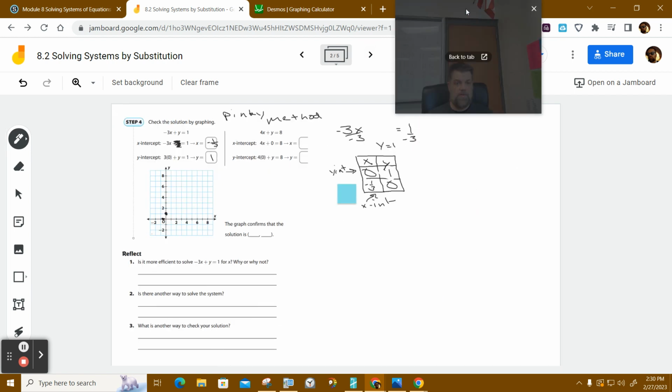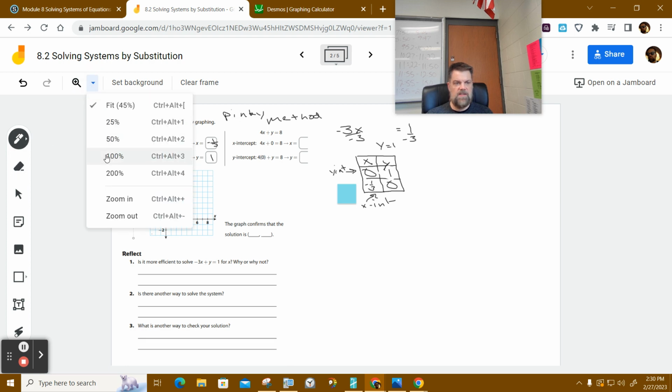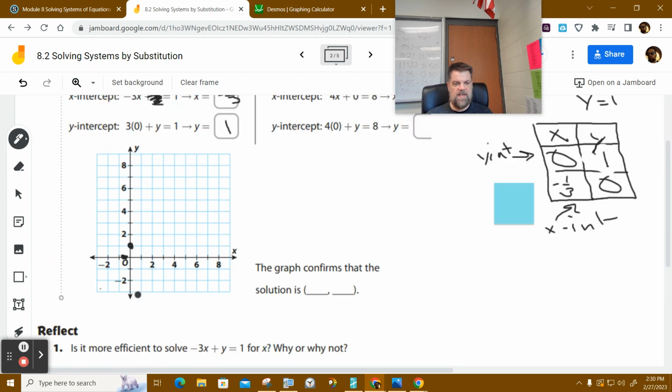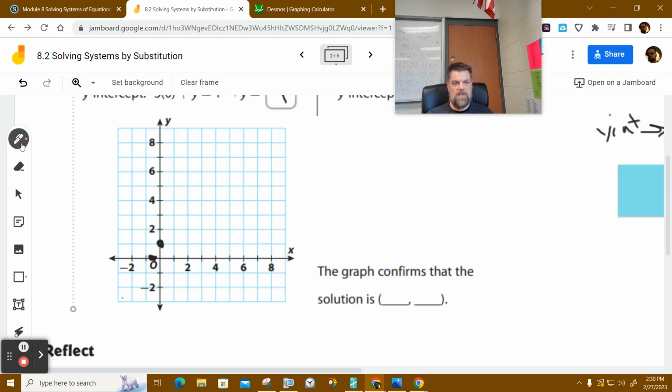So I'm going to draw a straight line as best I can, which is going to be a little challenging for Mr. Adams with this tablet. So I'm just going to draw a semi-straight line between these 2 points as best I can.